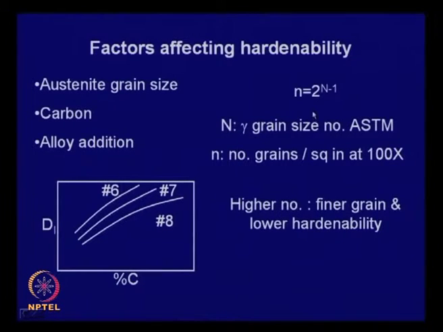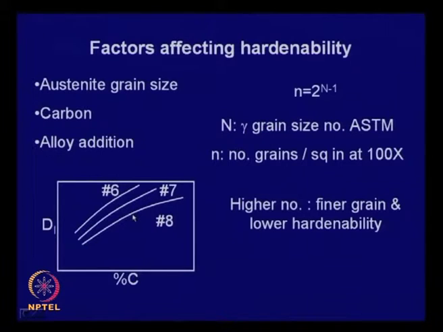So, a higher number means a finer grain. If you have a high austenite grain size number, that means it is a fine grain structure. If you have a fine grain structure, then you have a large number of nucleation sites for diffusion controlled transformation to take place.